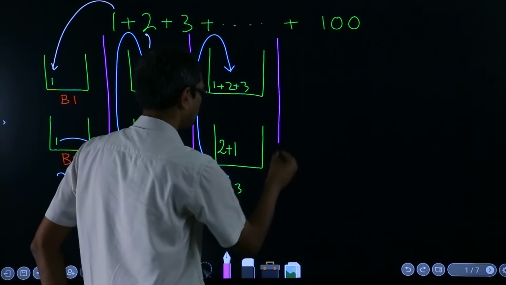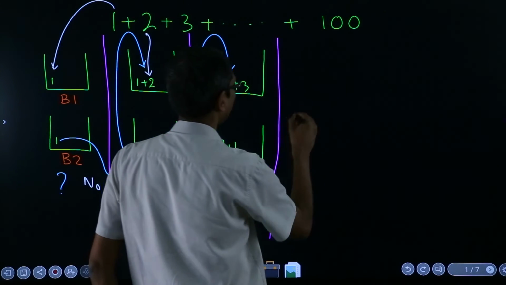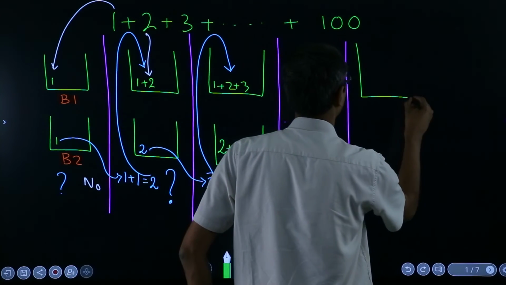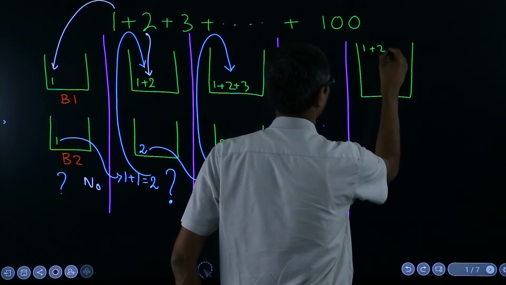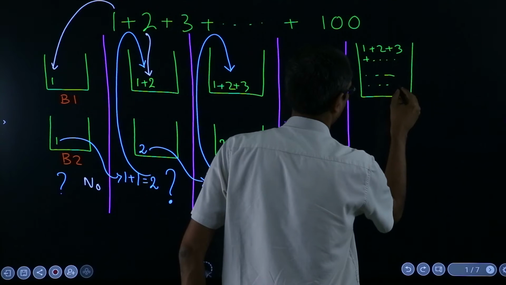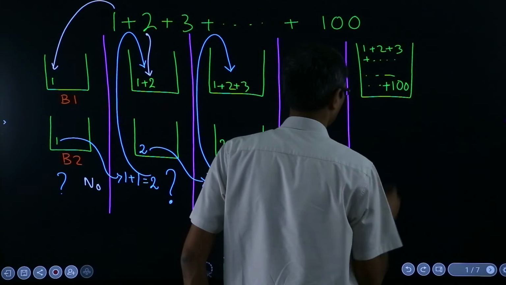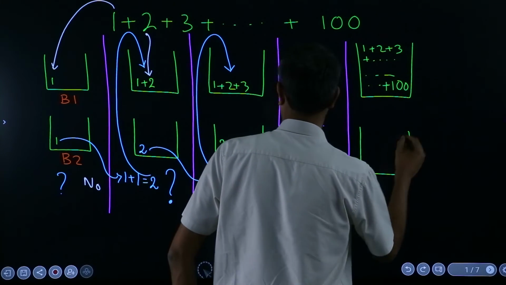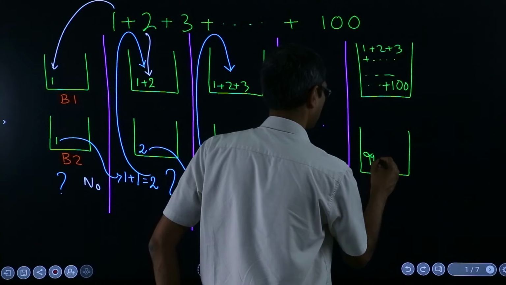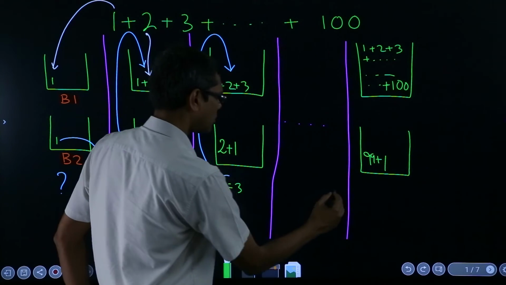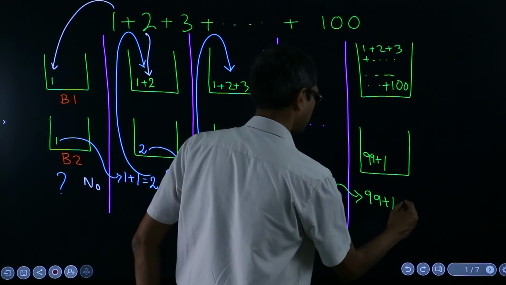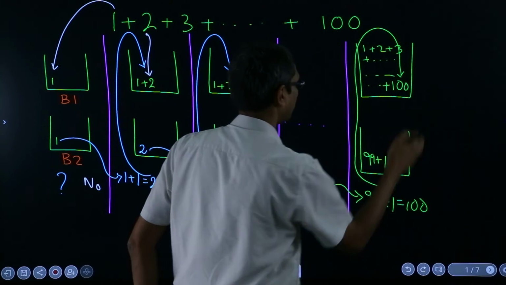And I can keep on doing this week by week till the time I go and see that the buckets are like this, and here it's already 100, and by that time here also it would be 100, because 99 plus 1 would have gone there as 100, because this check would have brought us here.